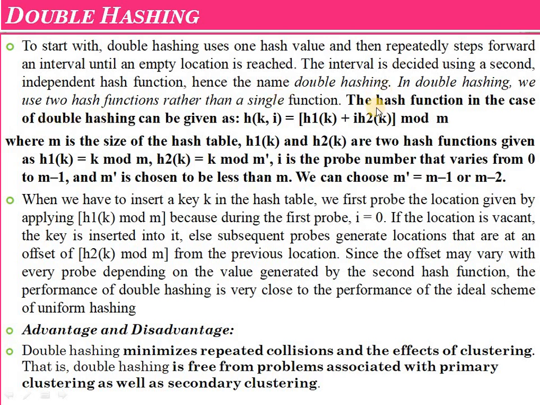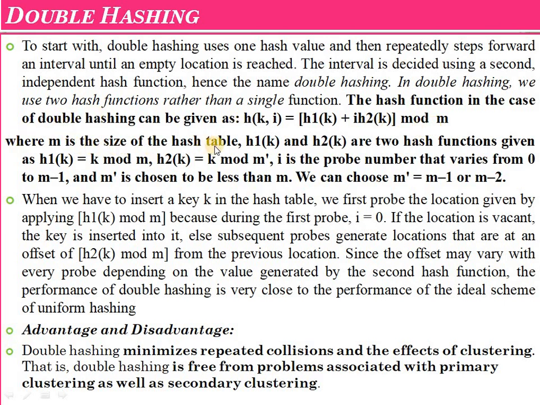The hash function in the case of double hashing is h(k, i) = (h1(k) + i*h2(k)) mod m.